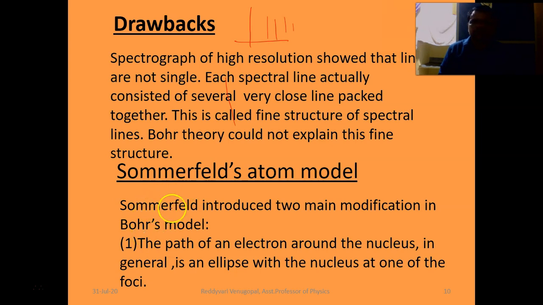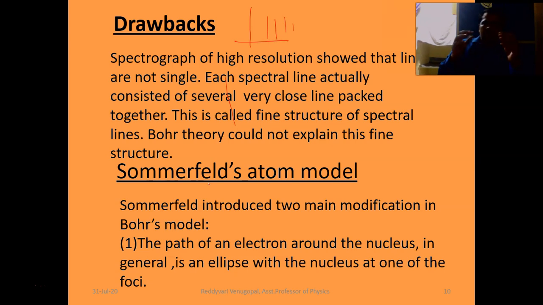So we will discuss the Sommerfeld atomic model. The Sommerfeld atomic model introduced two main modifications to the Bohr atomic model. The first one is that the path of an electron around the nucleus is in general an ellipse, with the nucleus at one of the foci. Just remember, in the Bohr atomic model we assumed that the orbit shape is like a circle, in 3 dimensions a kind of spherical shell.